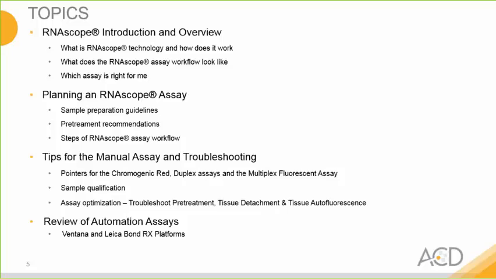After that, I will give a brief introduction and show you the capabilities of RNAscope automation assays. Last but not least, we will go over some frequently asked questions, including one of the most asked questions of RNAscope applications: how to perform dual RNAscope ISH with IHC or immunofluorescence.